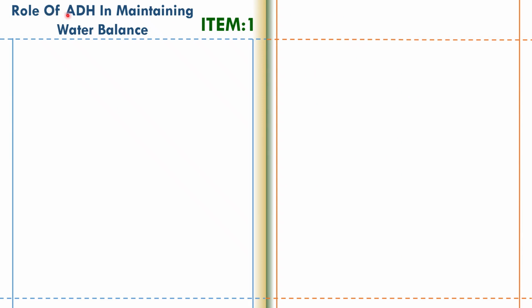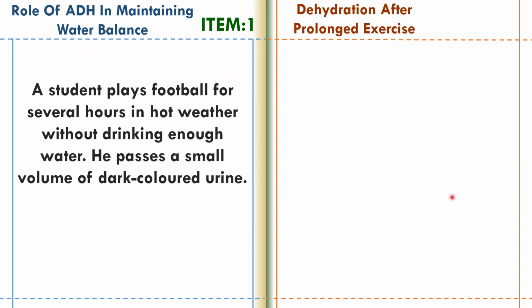The role of ADH in maintaining water balance, item 1. We are looking at dehydration after prolonged exercise. A student plays football for several hours in hot weather without drinking enough water.